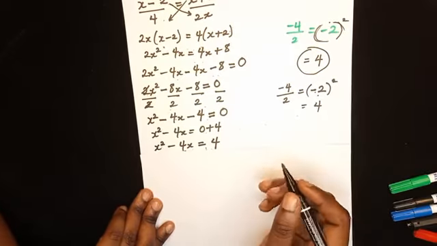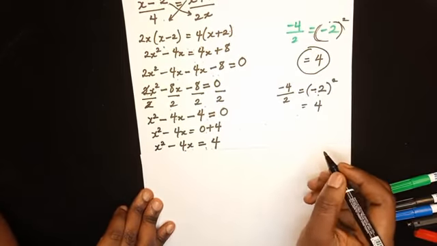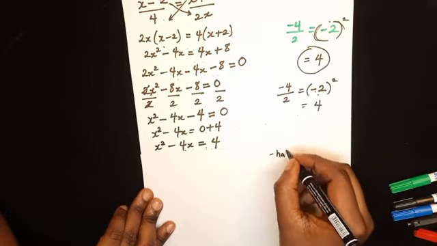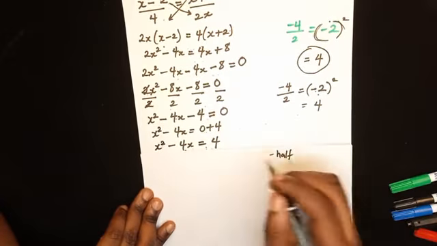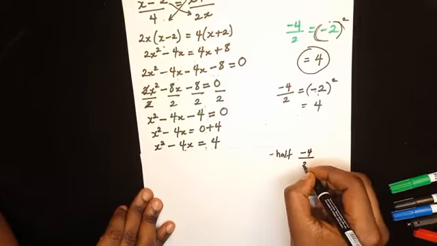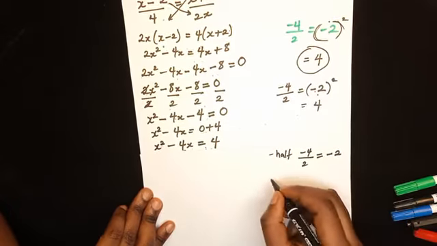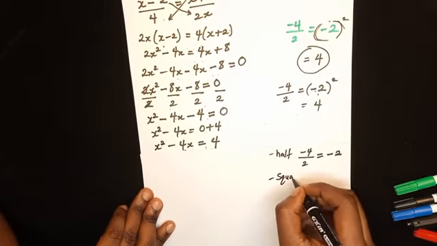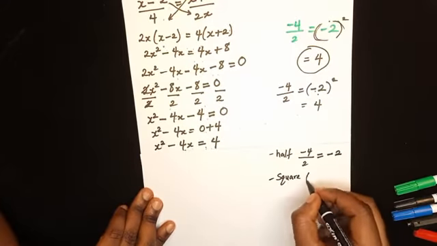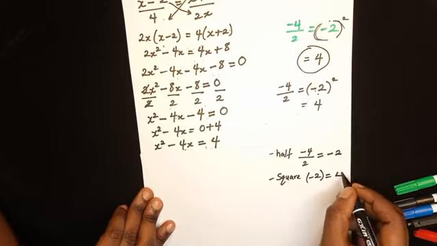The first thing to do is to look for the half of the coefficient of x. That is minus 4 over 2, which gives us minus 2. After getting this half, the next thing you do is to square the answer. Squaring minus 2 gives you 4.